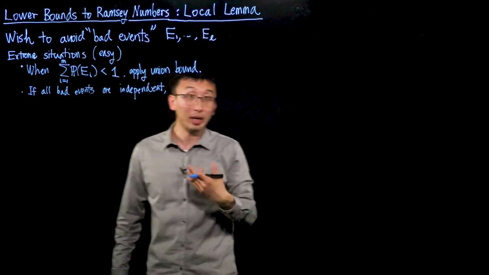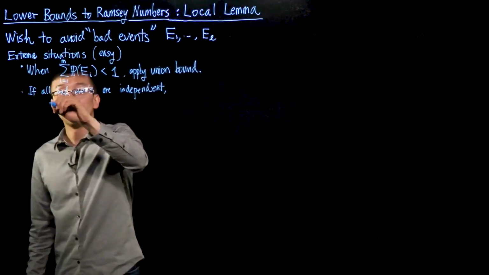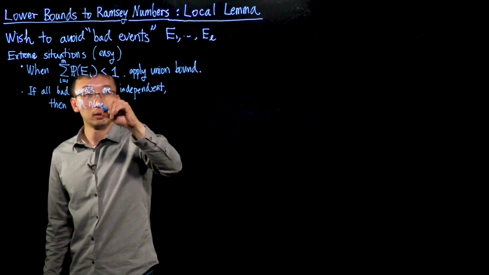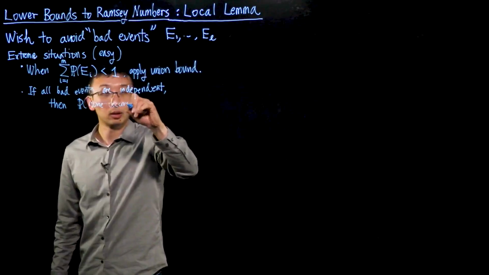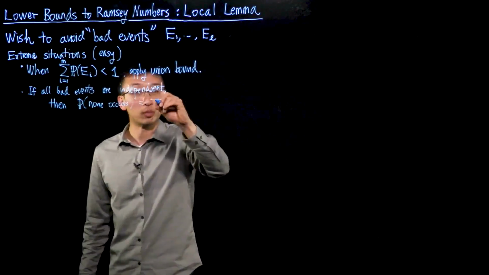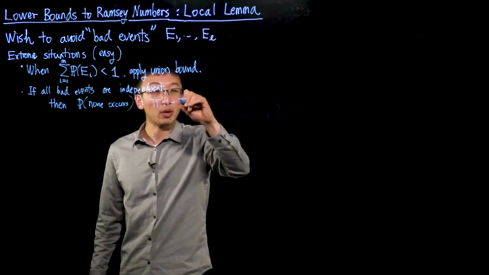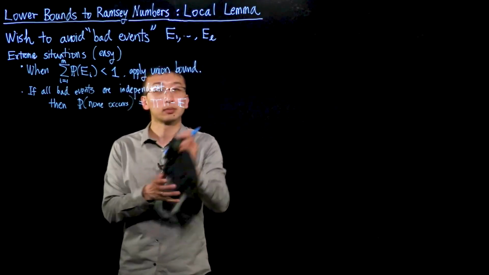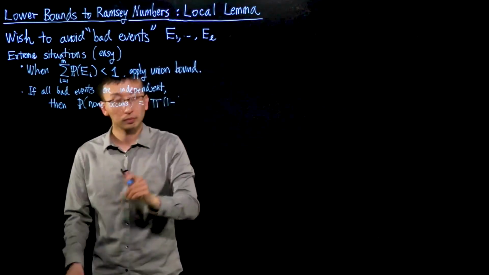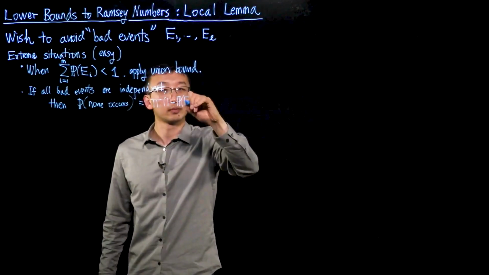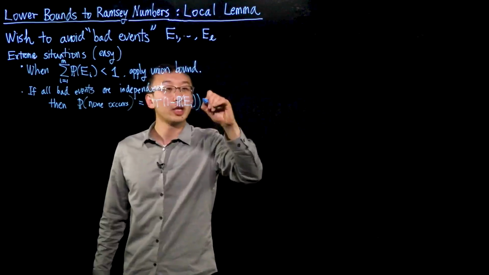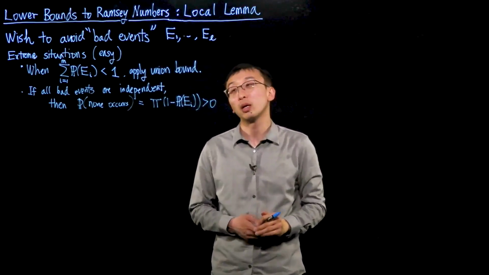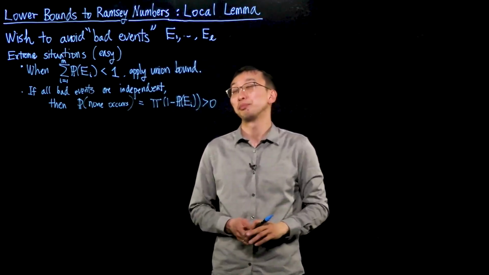So if they are independent events, then the probability that none of them occurs is equal to the product of the probabilities that the individual events do not occur. And this is positive provided that all the individual event probabilities are strictly less than 1.